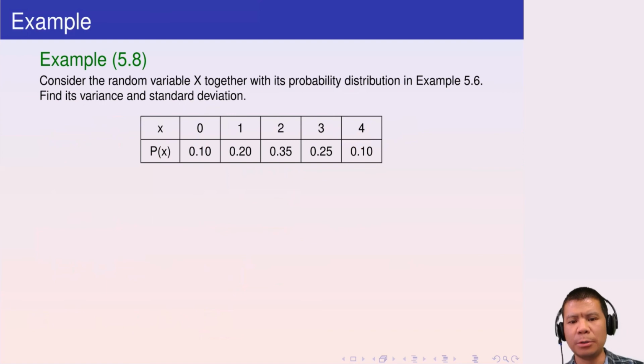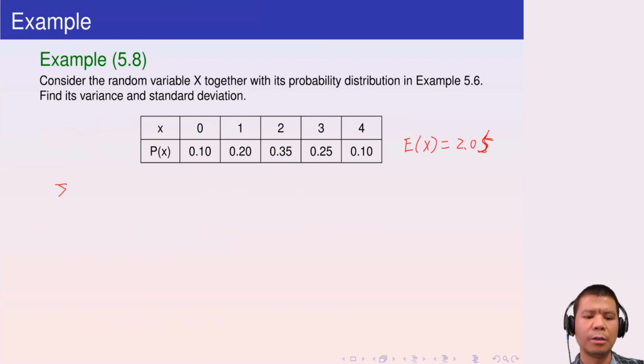Consider this example, example 5.6: find its variance and standard deviation. Again, in the previous example we already found that the expectation equals 2.05. So now we want to find the variance. Again, we first find the summation of x squared p of x.